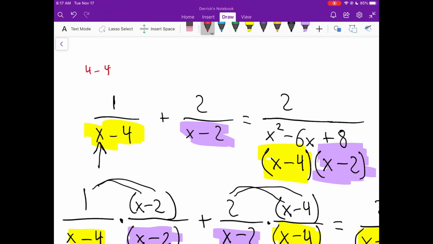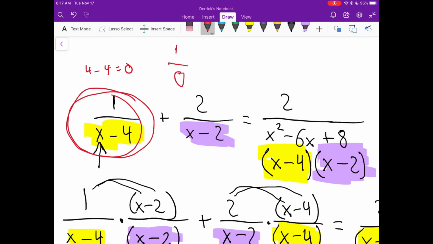that means we would have 4 minus 4, which would give us 0, meaning this fraction right here would be 1 over 0. As you guys know, anytime you divide by 0, you get undefined. And so because of that, if one fraction becomes undefined, the whole thing would be undefined, no solution.